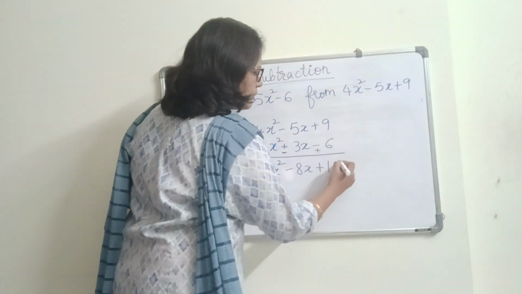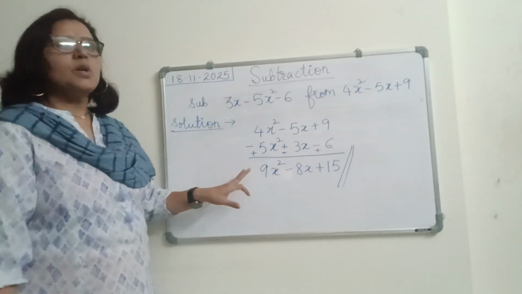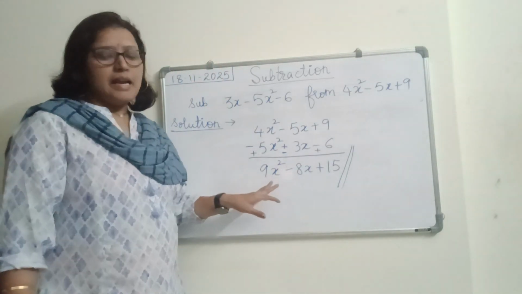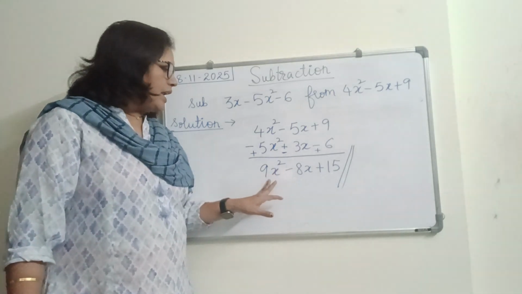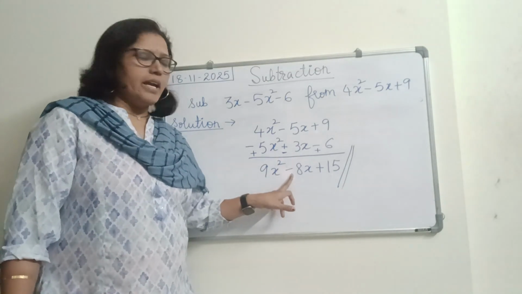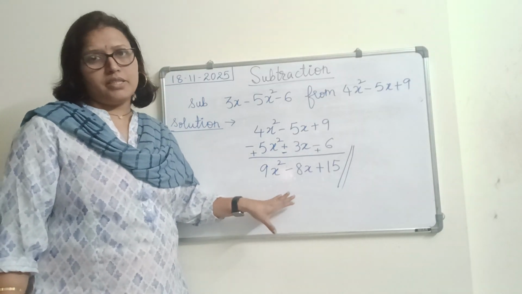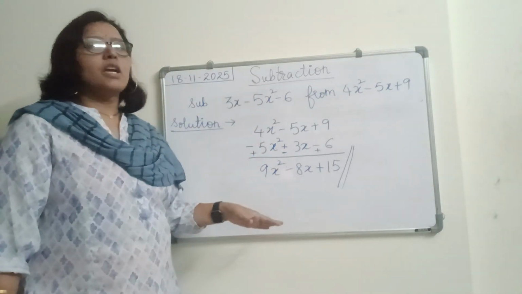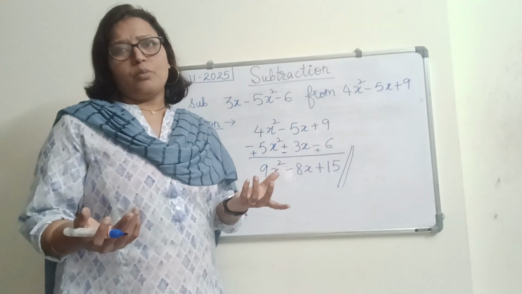So plus 15. This is your answer. The required result is 9x square minus 8x plus 15. This is the required result. So this way you can solve any number of sums in polynomials.